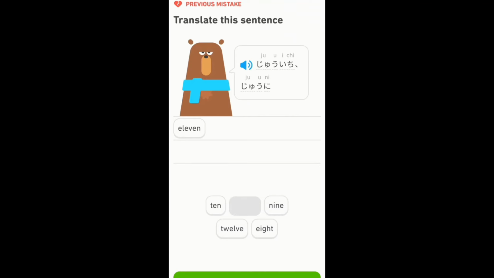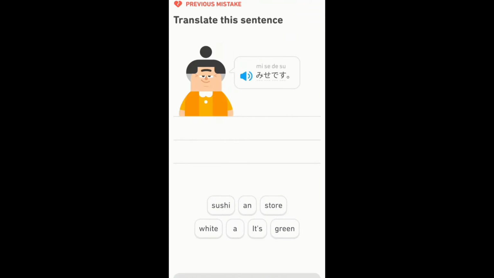So this is juichi. So juichi. We're going to learn the numbers 1 to 10, but even in 11 there'd be ichi.